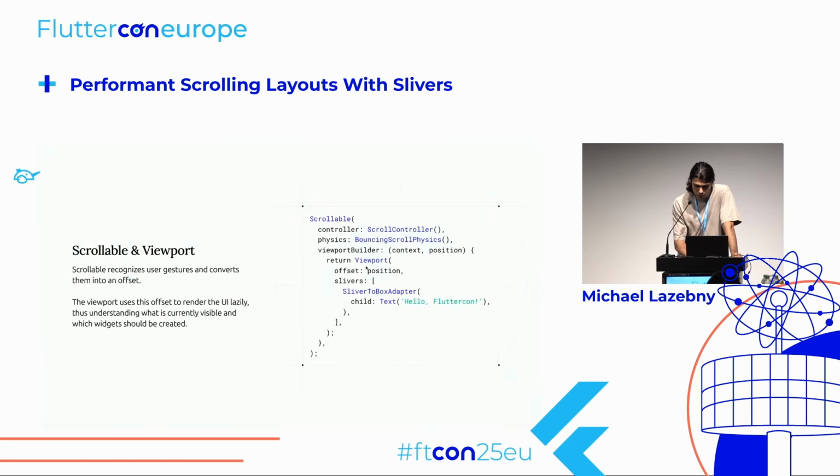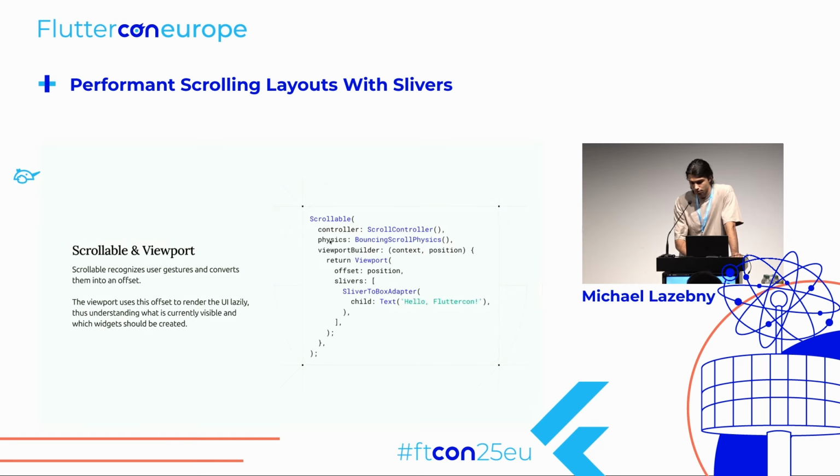And the second widget, which is the viewport, makes it possible to render those slivers and those parts of the scroll and understand the current position which the user actually sees. And we will talk about the viewport much more because the scrollable is not that interesting.